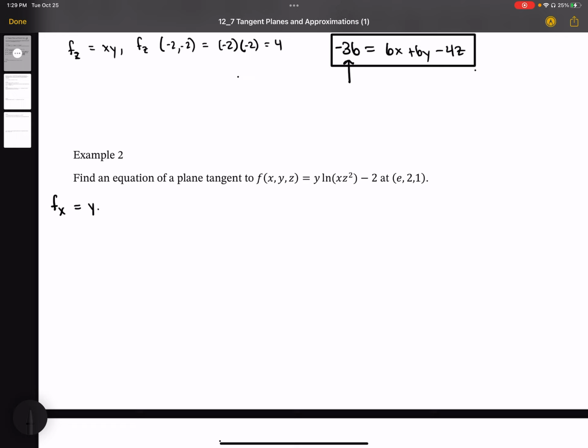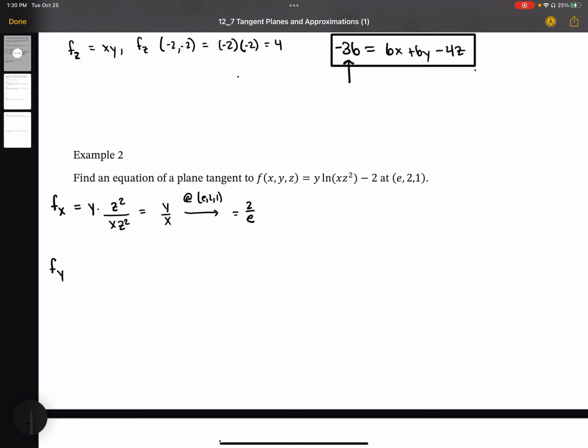We multiply that by the derivative of ln xz squared, which is z squared divided by xz squared, which turns out to just be y over x. We evaluate that at the point (e, 2, 1), and y is 2, x is e, so this is going to be 2 over e.